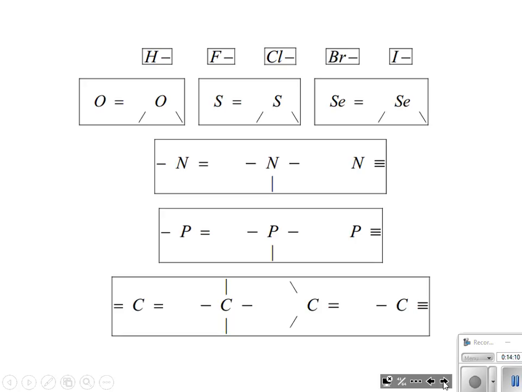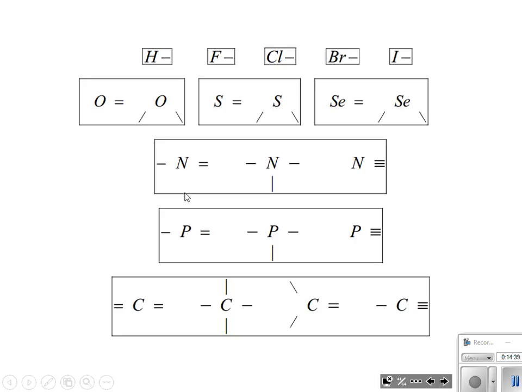So, for instance, let's say that I have oxygen as my central atom. Okay? If oxygen is my central atom, I can know that oxygen can double bond or it can single bond. So I don't even have to worry about trying to make a triple bond with oxygen because it ain't going to happen.